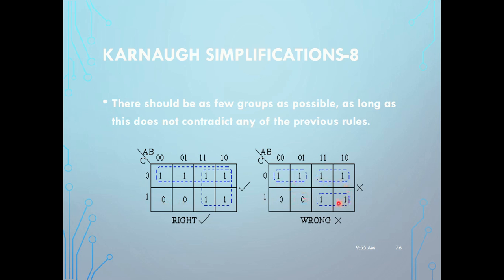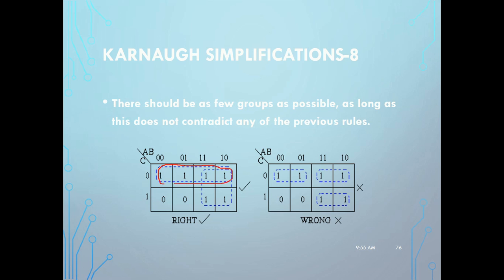In this problem also there are the same number of ones and the same number of zeros. So there are two different kinds of groupings you can see in this particular problem.